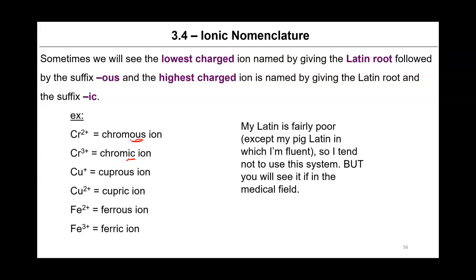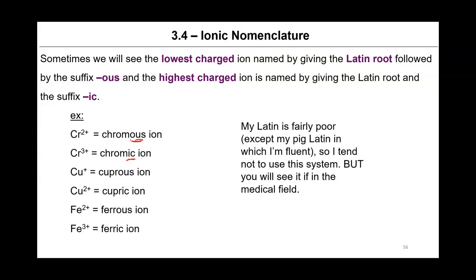So we get pairs like chromous, chromic, for chromium 2+ and chromium 3+ respectively, we get cuprous and cupric for copper 1+ and copper 2+. And we get ferrous and ferric for iron 2+ and iron 3+.